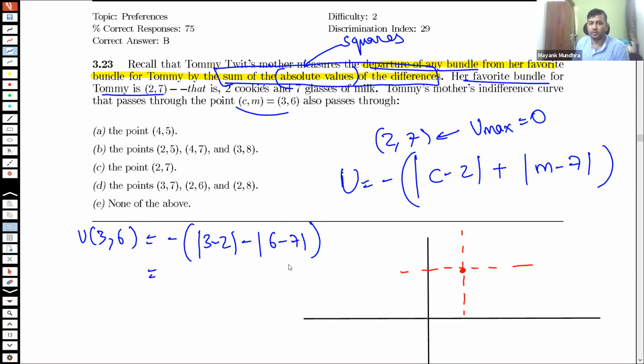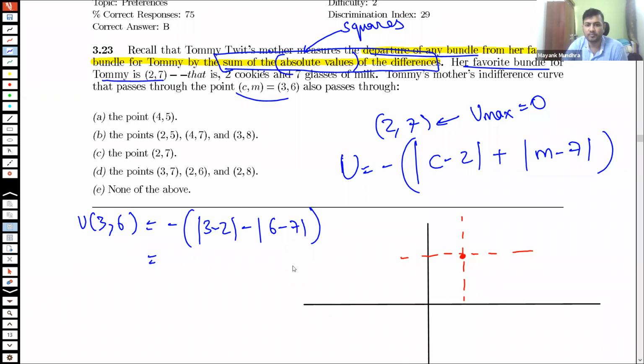What is this value going to be, Kashish? Hello? Yeah. 0. Why 0?